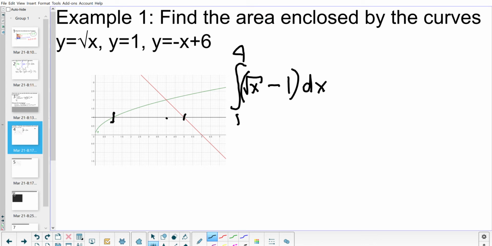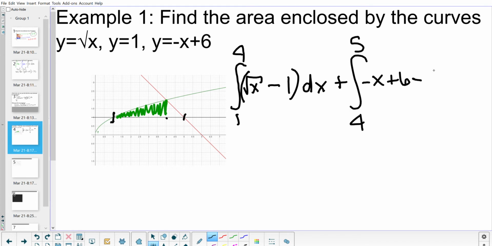Okay, so I'm going to evaluate that. And when I do that, that's going to give me the area in between these functions all the way up to there and stop. So that means in order to get the rest of the area, from 4 to 5, I have to add, top function is the line, minus bottom function is the other line, dx.